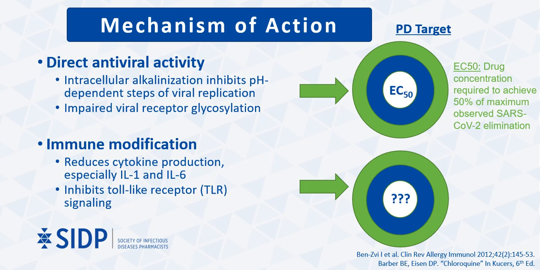For antiviral activity, the PD, or pharmacodynamic target, we can use to estimate how to target our dosing is EC50, which is the drug concentration required to achieve 50% of maximum observed SARS-CoV-2 elimination, or just 50% of viral replication. For immune modification, we really don't know what the pharmacodynamic target is, but there have been some proposals.